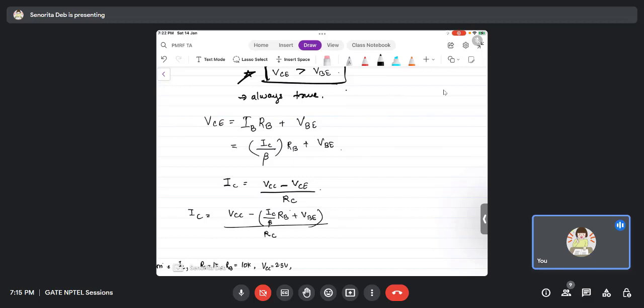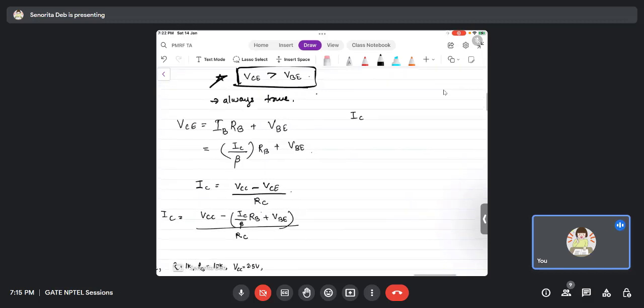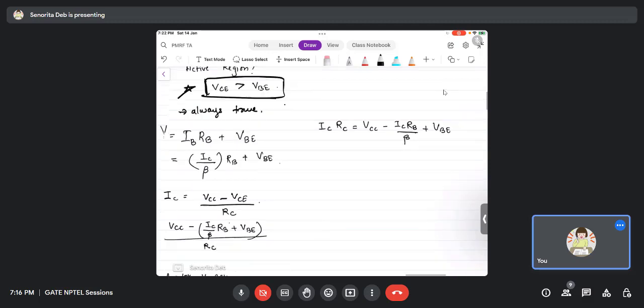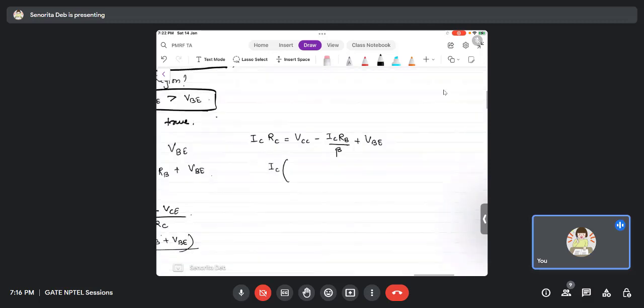Now if you solve this, ICRC equals VCC minus ICRB by beta plus VBE. Taking IC common, IC times (RC plus RB by beta) equals VCC. Something I have messed up.